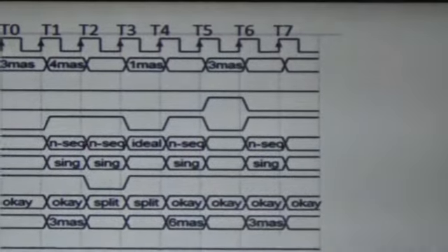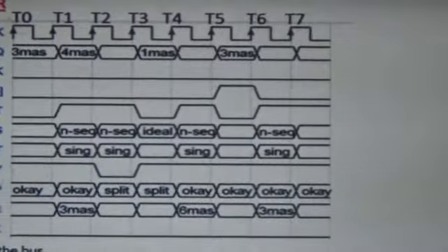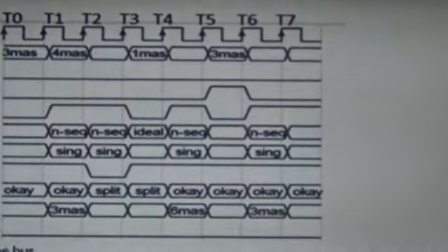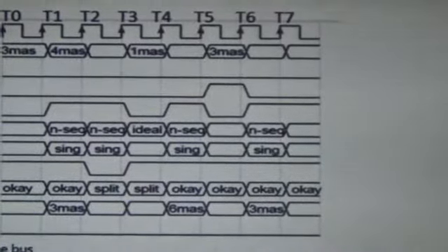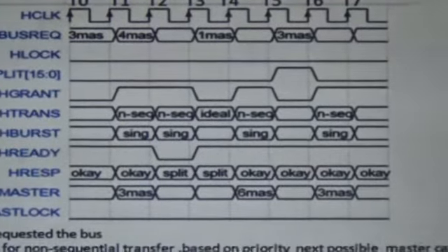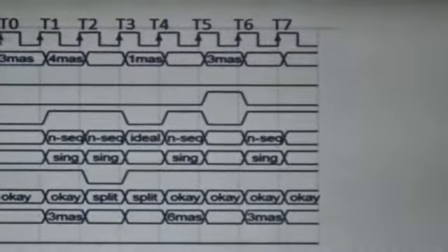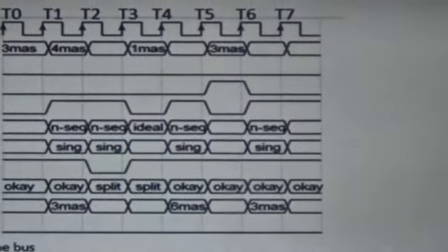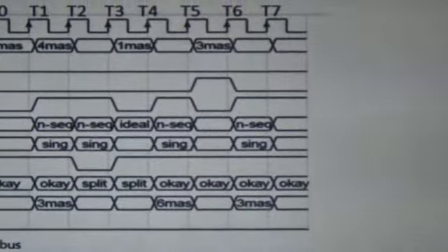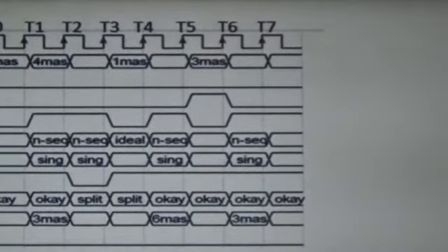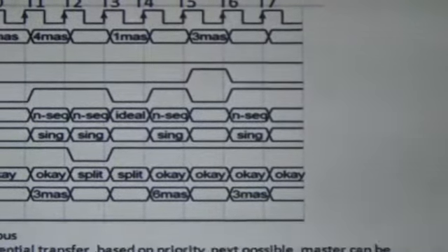Using the stored tag or number, it requests the arbiter to grant access to the particular master. So now that the slave is free, it is raised, and using the tag or number, the arbiter gives access to the master for which the slave had earlier responded with split.